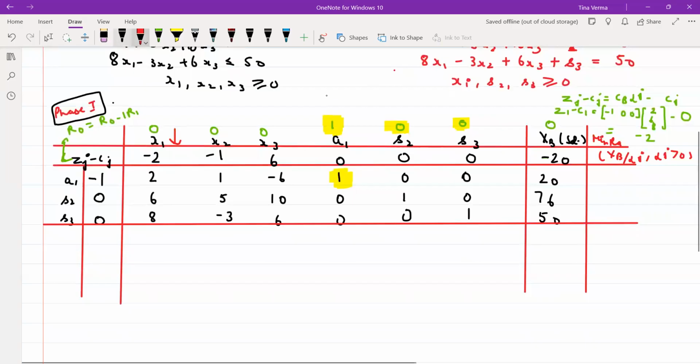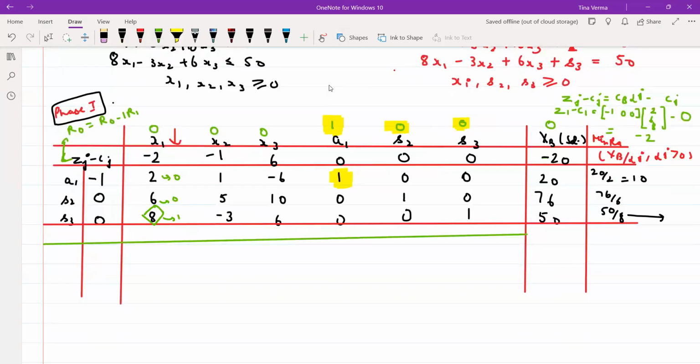So I'll divide 20 by 2, that is 10, 76 by 6, and 50 by 8. Whatever is minimum, you can check. So what is my pivot element? I got this 8 as my pivot element. So what do you have to do with the pivot element? Make the pivot element 1 and all other elements 0. So next operation you will apply.